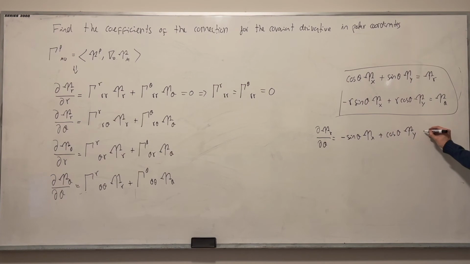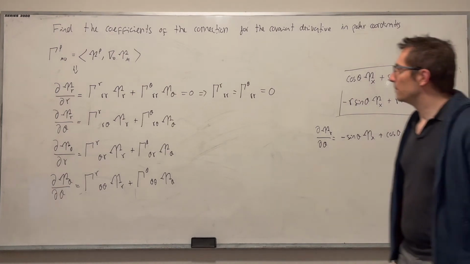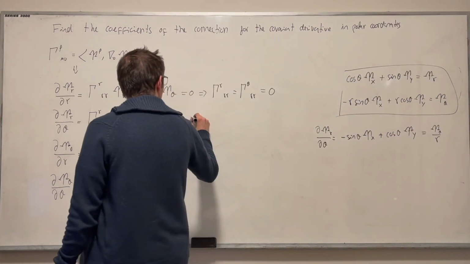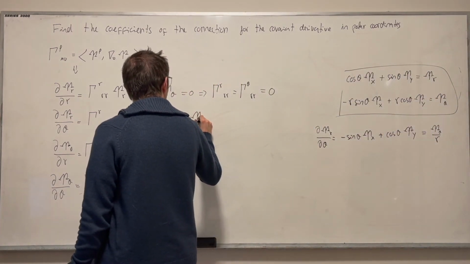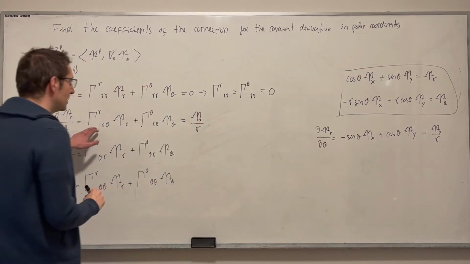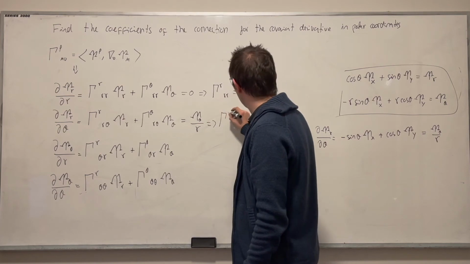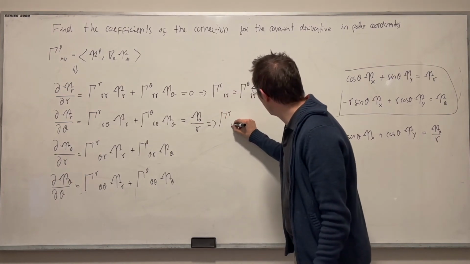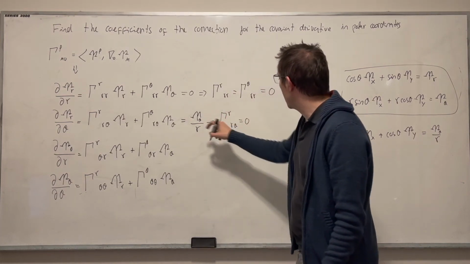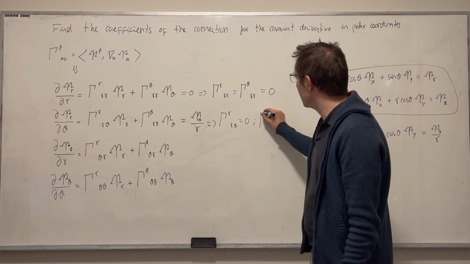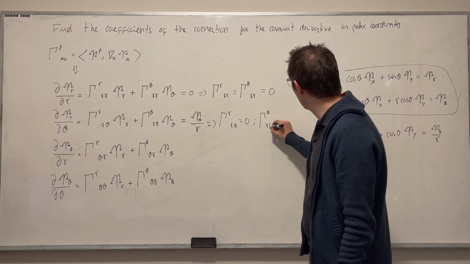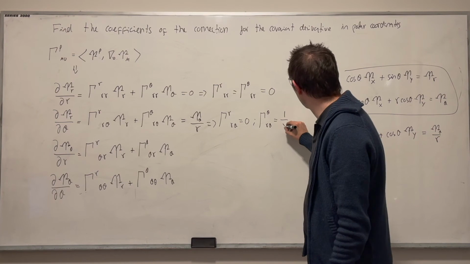So this thing is epsilon theta divided by r. Wonderful. Because this is epsilon theta divided by r, there's no epsilon r, so gamma r r theta equals 0, and gamma theta r theta equals 1 over r.